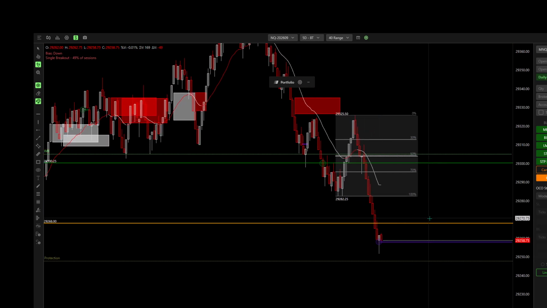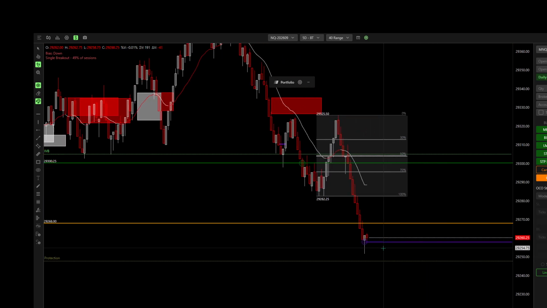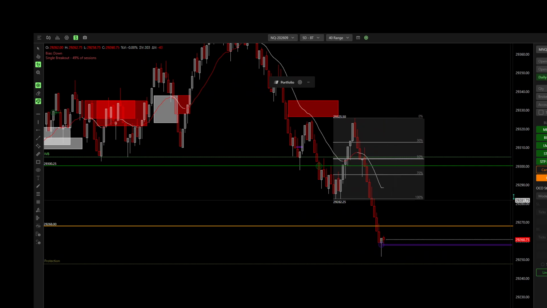That looks like some sellers are getting absorbed here. Let's see if we still get a move.